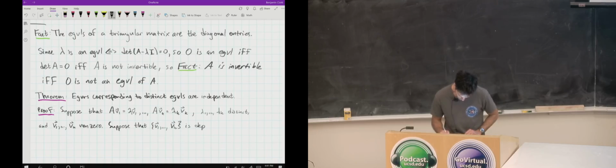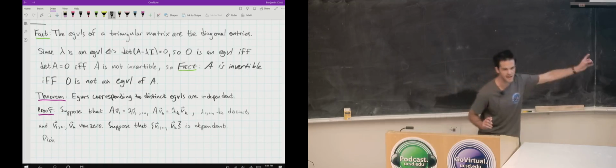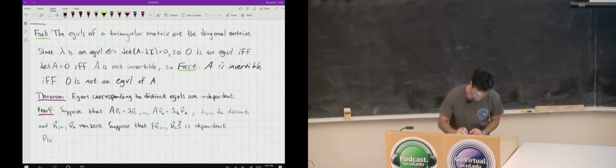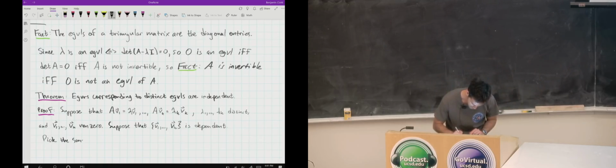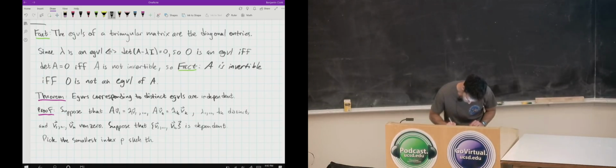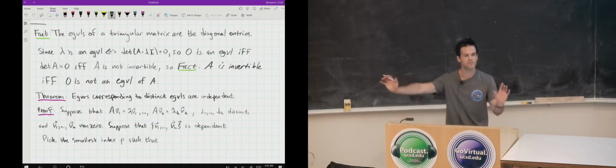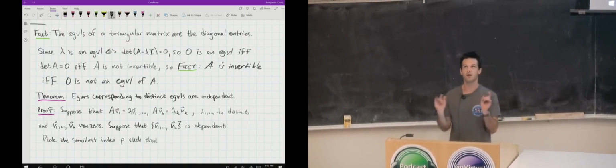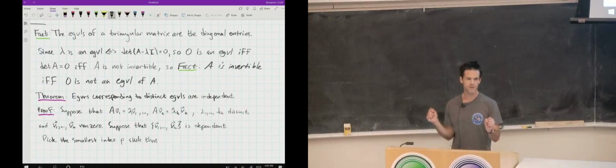I'm going to arrive at a contradiction by picking the smallest index p such that those first p vectors are dependent.